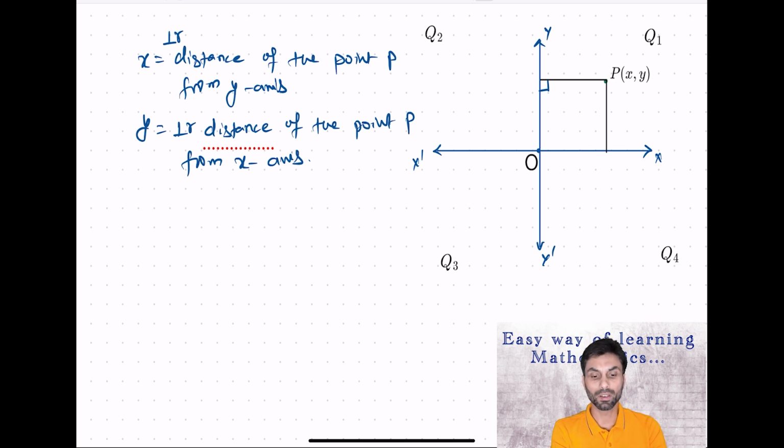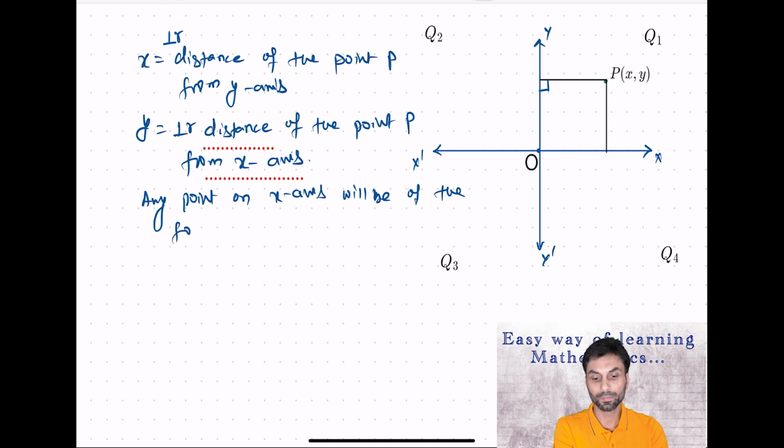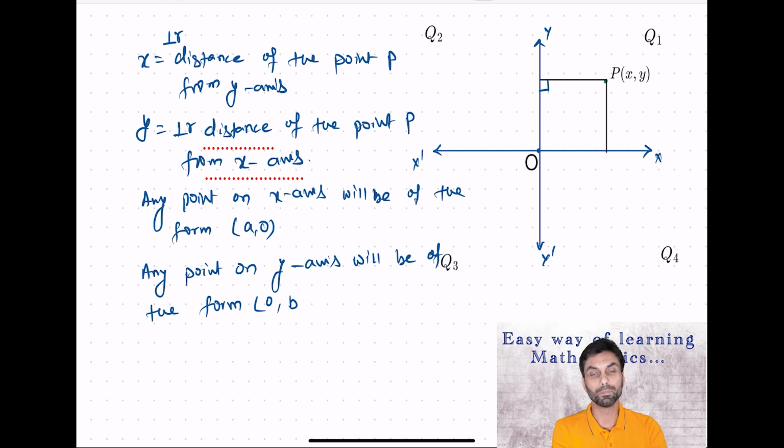Then also we need to remember that any point on the x-axis will be of the form a comma 0, and any point on the y-axis will be of the form 0 comma b.